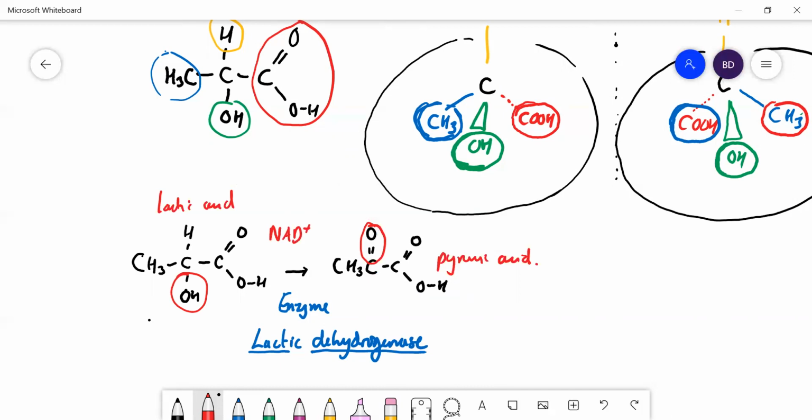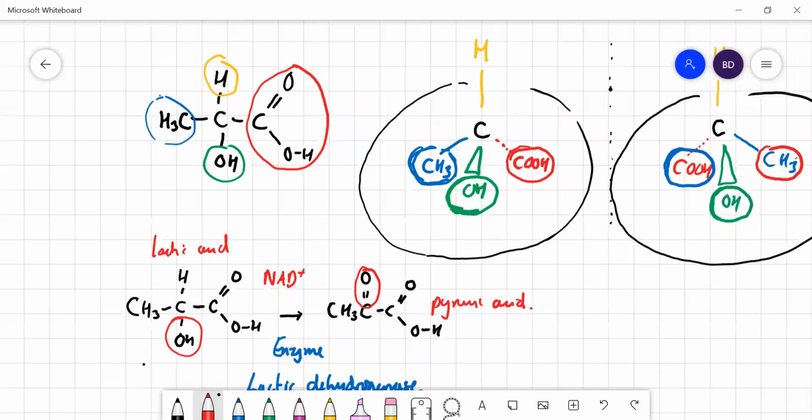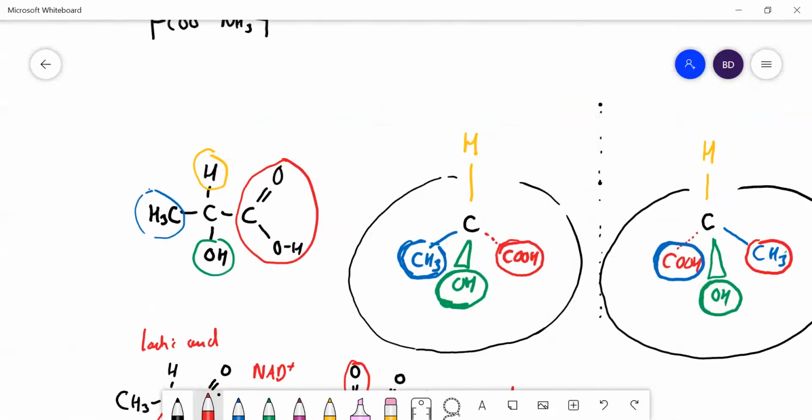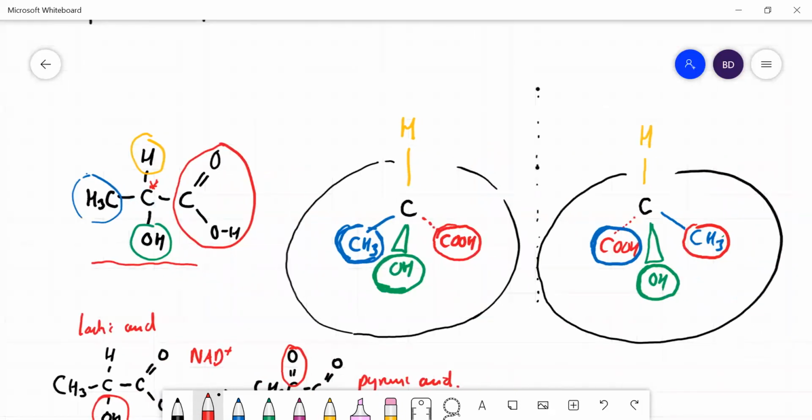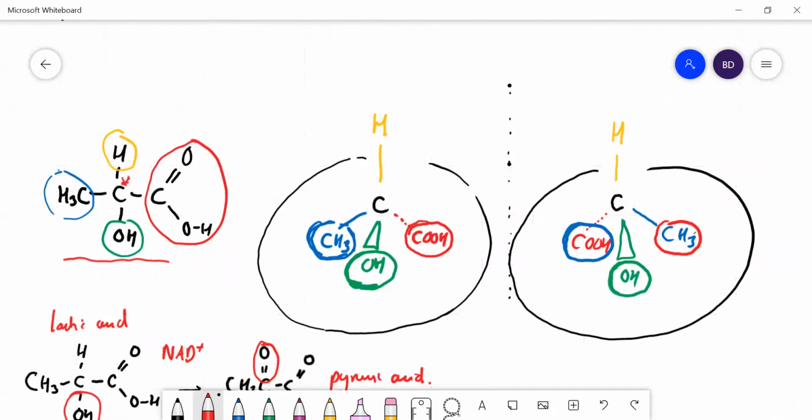But let's think about lactic acid. Now, if we have a look at lactic acid, I've drawn it again here. You can see it's got an asymmetric carbon atom, that central one there, which I put a red asterisk on. It's got 4 different groups around that carbon. Now, what I'm trying to show here is this black blob is the enzyme.